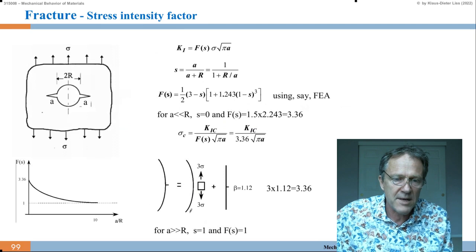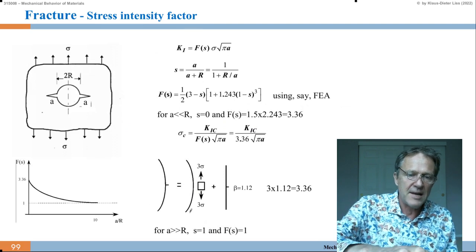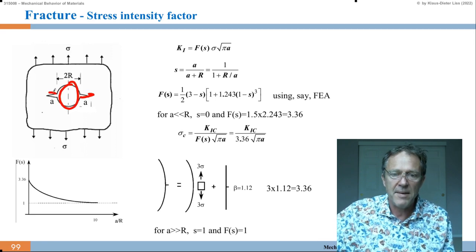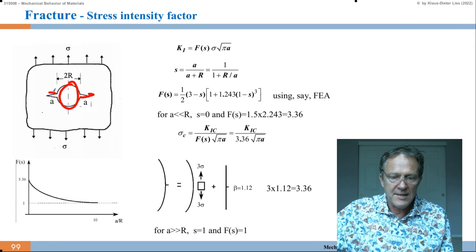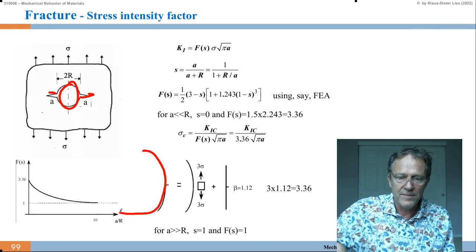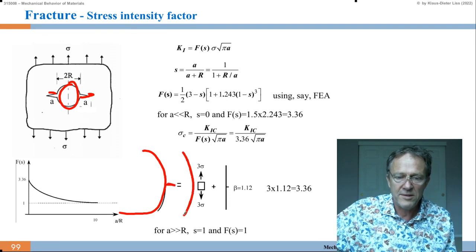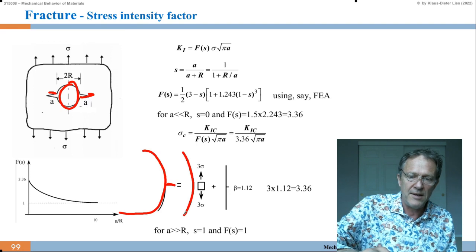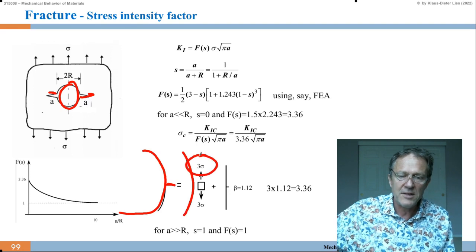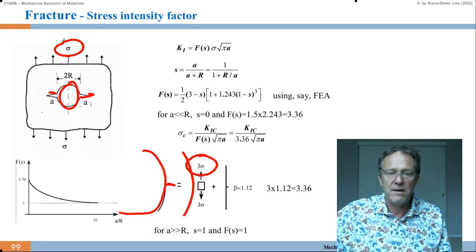Here, one more example. What happens if you have this inclusion, which is round, and then you have a crack here and a crack there? Let's make it symmetric. Then we can say this round inclusion with a small crack there equals this, which is just a round inclusion. There we know already the stress concentration is 3 times the sigma applied in the far field.